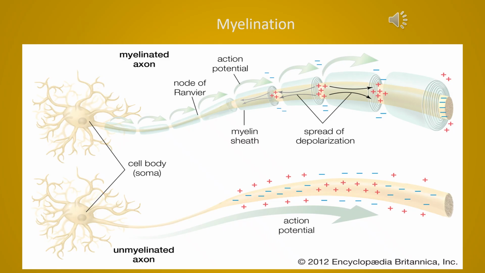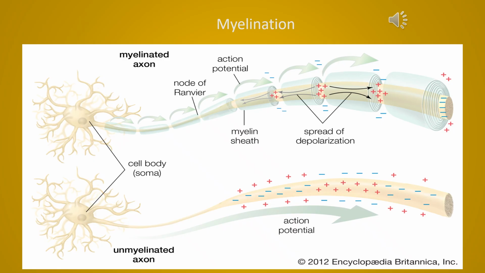Let's just go ahead and compare the unmyelinated depolarization to the myelinated. The way that I would illustrate this is the unmyelinated axon depolarizes sequentially like a slow burning fuse.